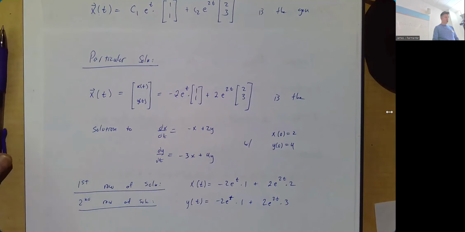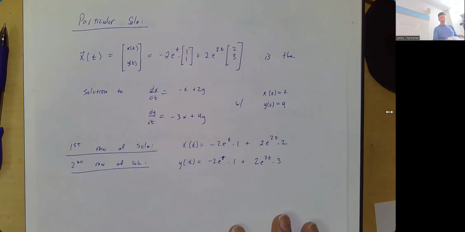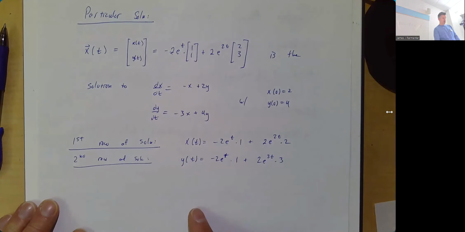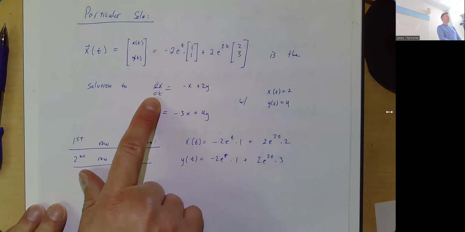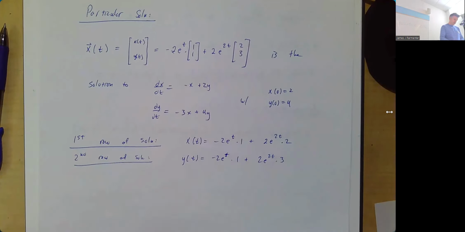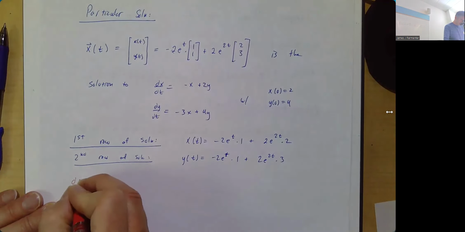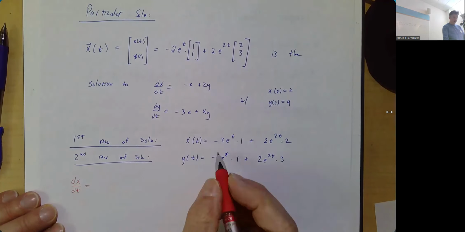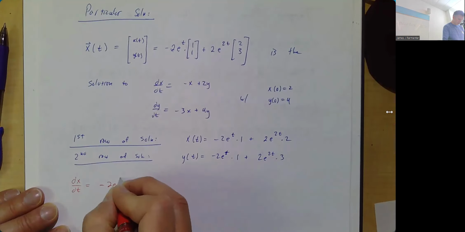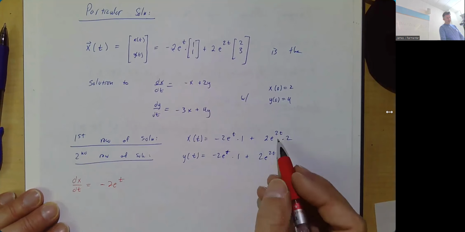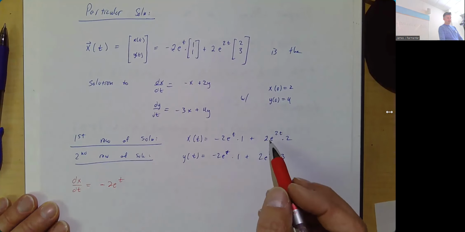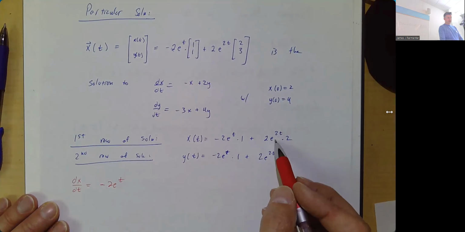And not that you ever should have to do this, but if someone wanted you to, you can totally check to see, okay, well, is it really true? Does dx/dt actually equal -x plus 2y? Well, let's take a look. The dx/dt, if I just take the derivative of this, I get -2 e to the t, and the derivative of e to the 2t is going to multiply by another factor of 2. So I'm going to get e to the 2t times 2 times another 2 and another 2.